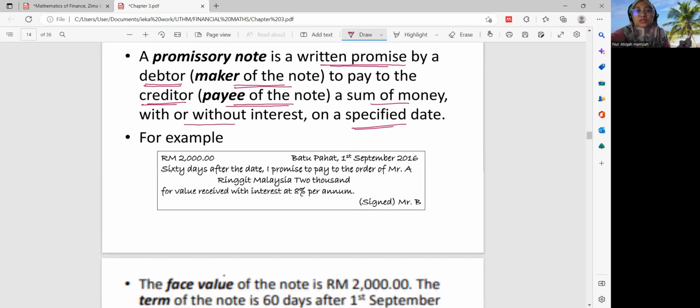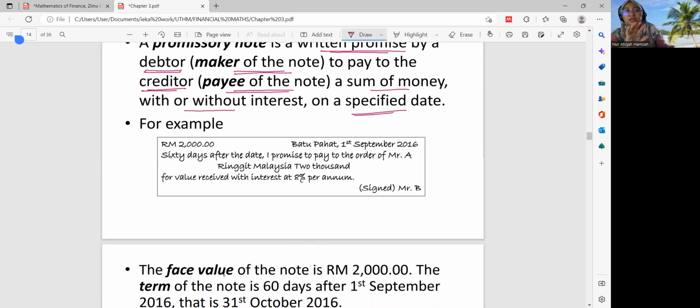Kalau awak tengok dekat nota ni, ada ditulis contoh RM2,000, tempatnya Batu Pahat, 1st of September 2016. 60 days after the date, I promise to pay to the order of Mr. A, ringgit Malaysia 2,000 for value received with interest at 8% per annum.